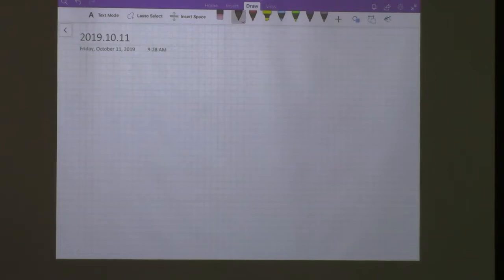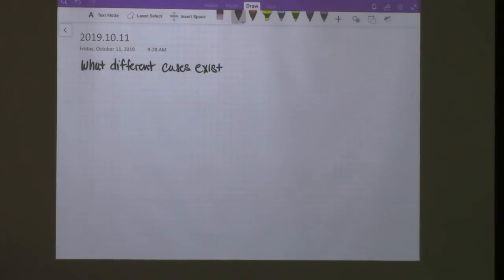Okay, so the next question we're going to ask is what different cases exist? Very similar to the way that we parsed through this for nodal analysis, right? We had nodal analysis.